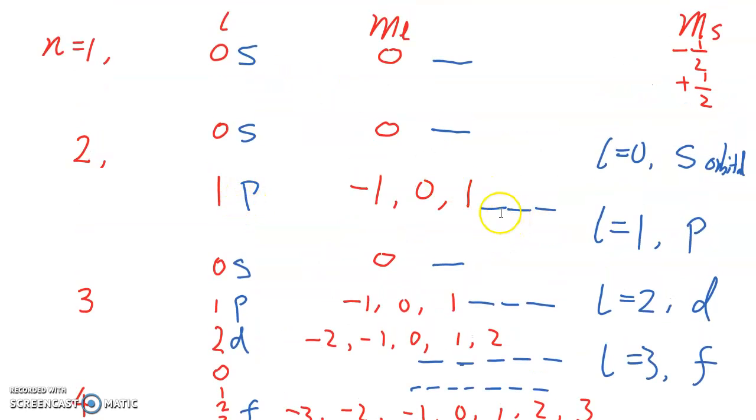All right, and for those lines, the last one is the Pauli exclusion principle. That means on each line, you can either have up or down. So up means positive half and down means negative half. That means for each electron, we can define it by these 4 quantum numbers. And none of the electrons will have the same 4 quantum numbers.